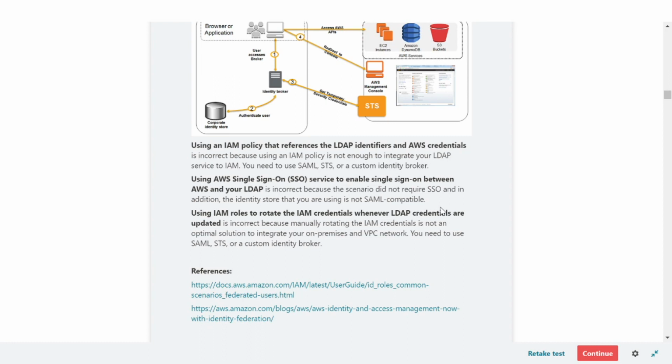Using AWS single sign-on service to enable single sign-on between AWS and your database interface is incorrect because the scenario did not require SSO, and in addition, the identity store that you are using is not SAML compatible. The last option, using an IAM role to rotate the IAM credentials whenever LDAP credentials are updated, is incorrect because manually rotating the IAM credentials is not an optimal solution to integrate your on-premises network. You need to use SAML, STS, or another custom identity broker.